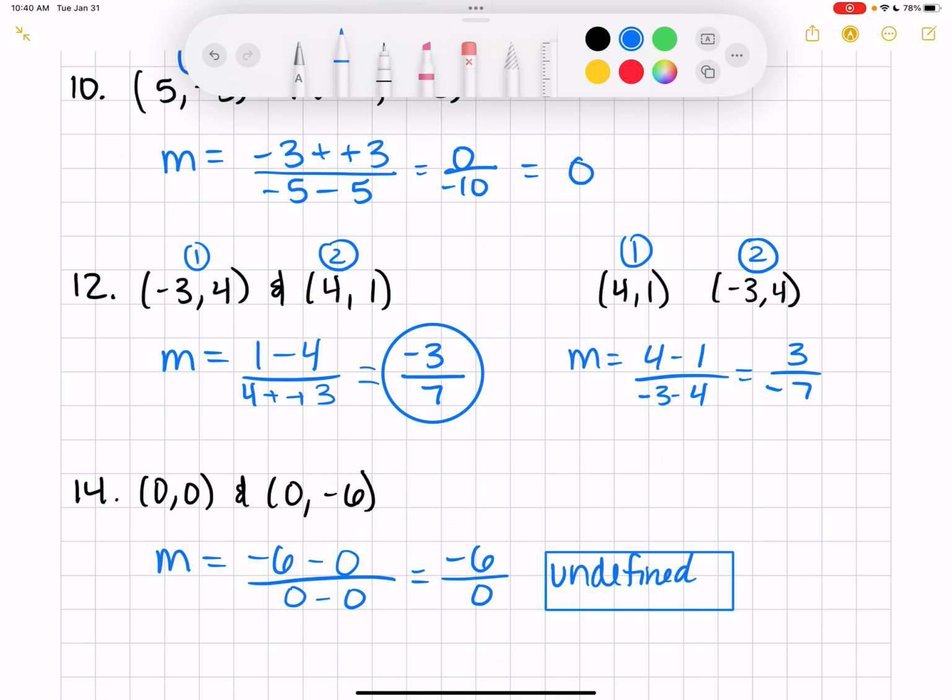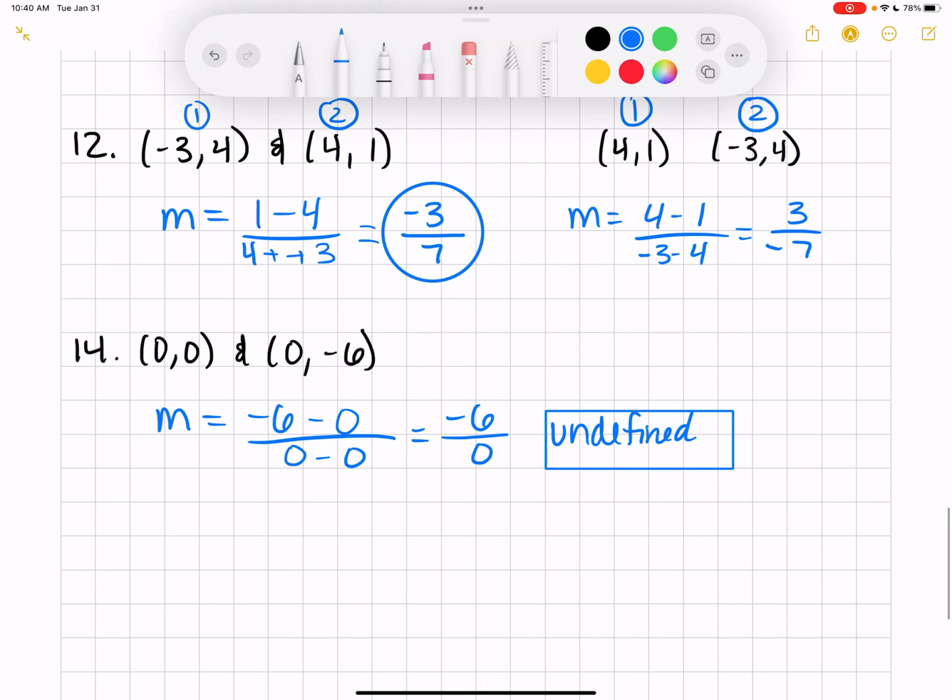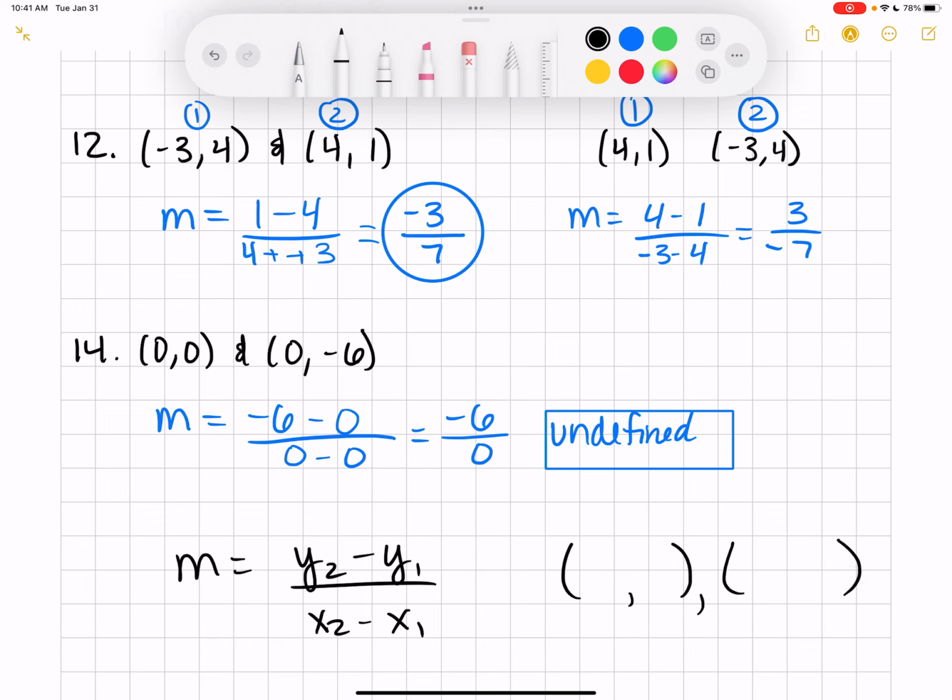I'm just confused on the formula of it. I don't get which one is x2 and which one is y. So we have m is equal to y2 minus y1 over x2 minus x1. We're given 2 points, and they're not written as x1 and y1 or whatever.